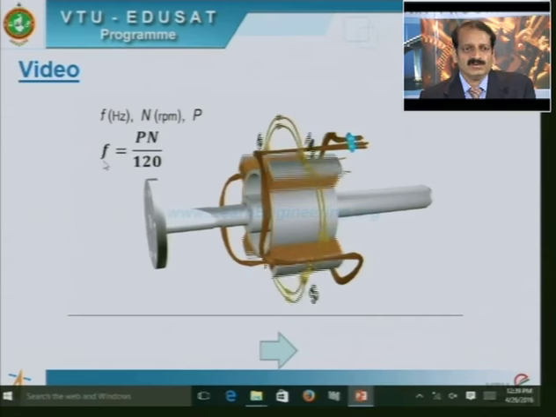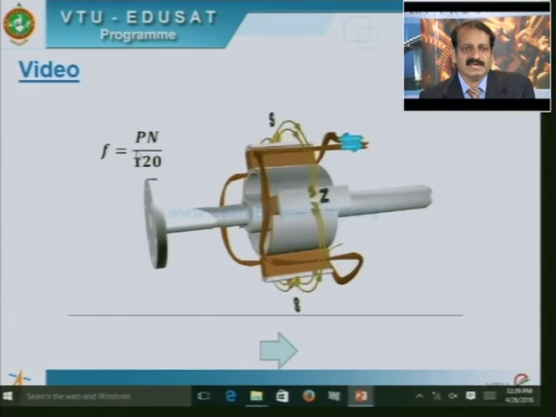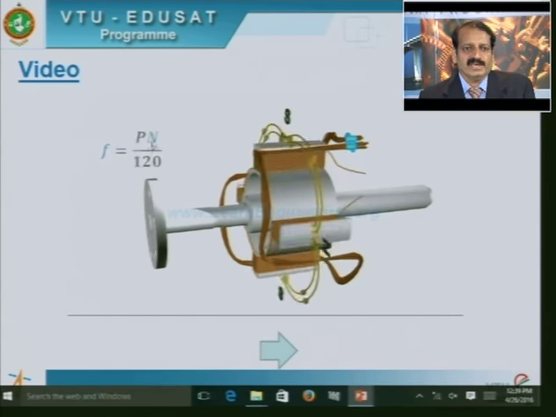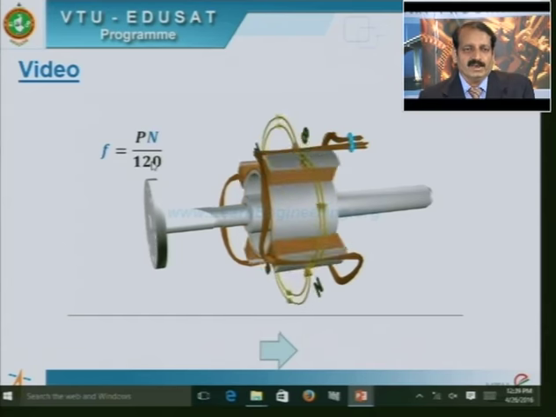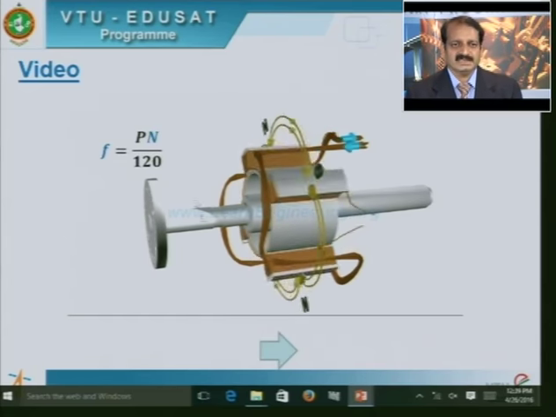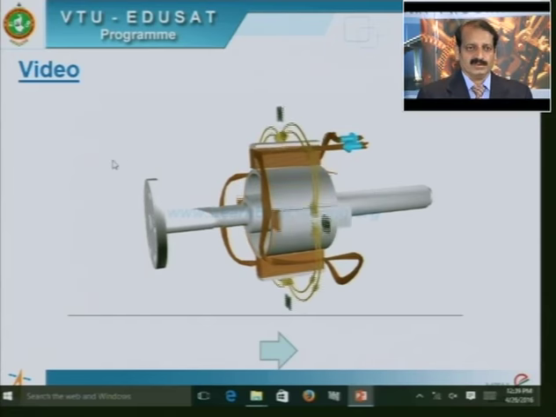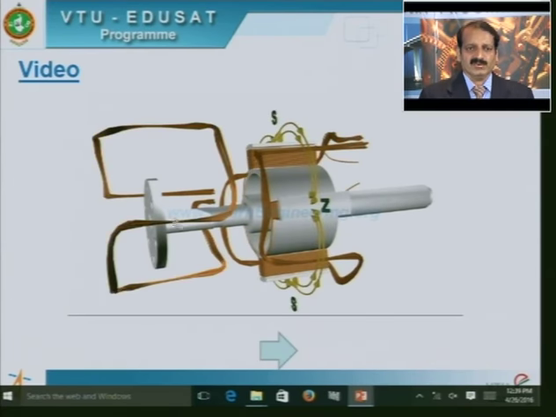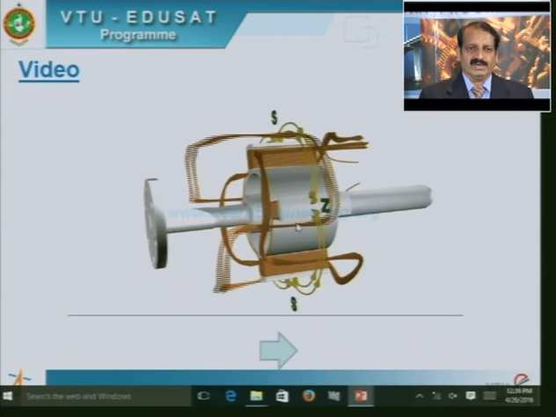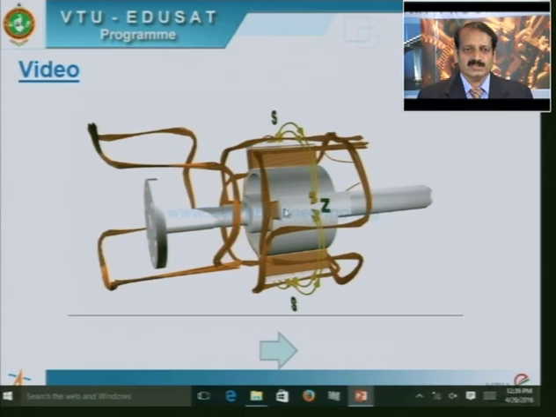So, the frequency of the induced EMF is directly related to P n by 120, that is, frequency equals P n by 120, and it depends on the speed.